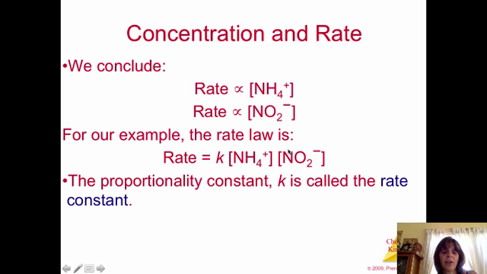In this particular case, we could put in an understood 1 because they're directly proportional. You didn't have to square the amount of ammonium to double the rate. You just doubled it directly and the rate doubled. If you doubled this directly, the rate doubled. The K, that proportionality constant that matches this equation, is particular to any particular reaction and to any particular temperature.